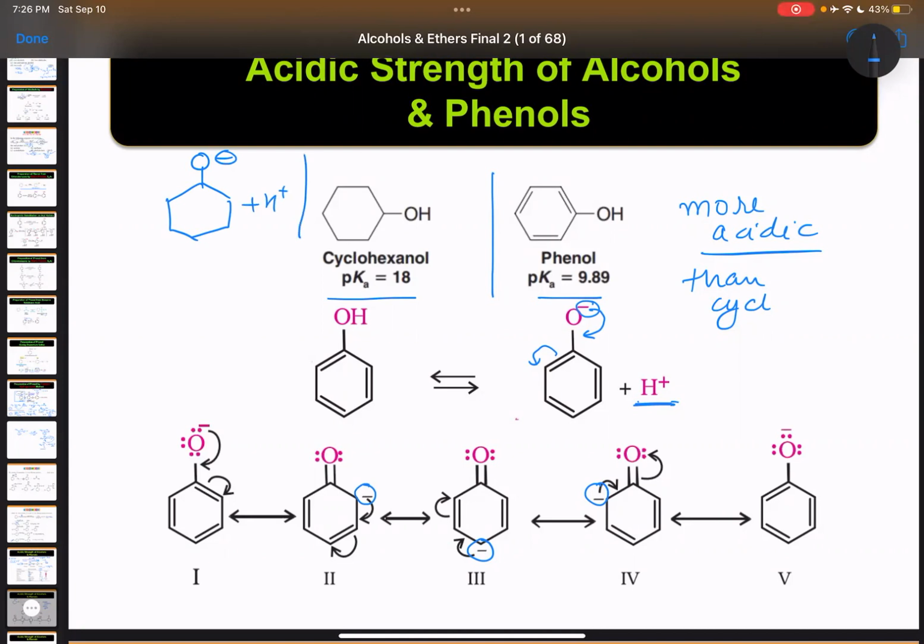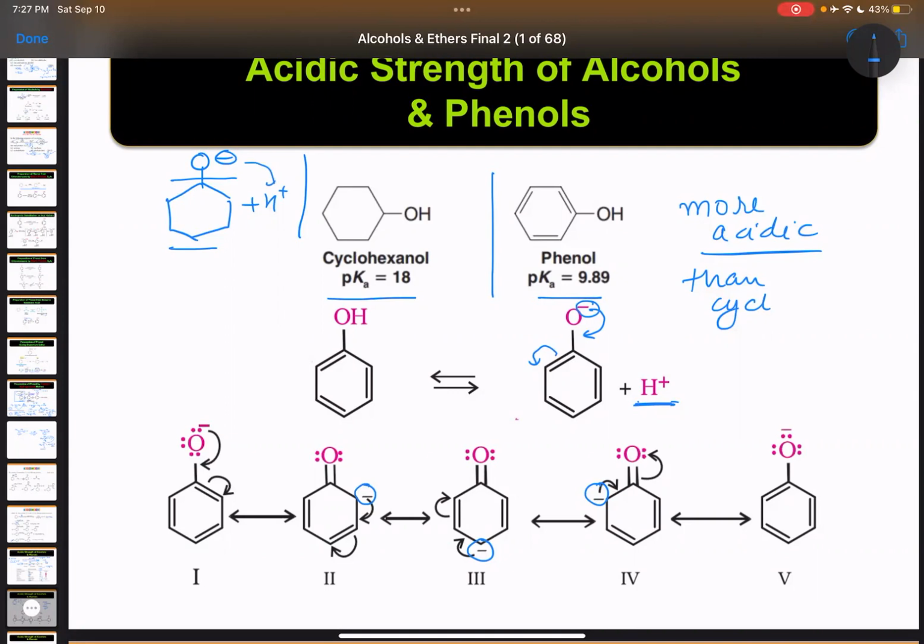It will be there wherever it is formed originally, on O minus. That's it. It is not going anywhere, because it is not resonance stabilized. There is no double bond, so it will become unstable.